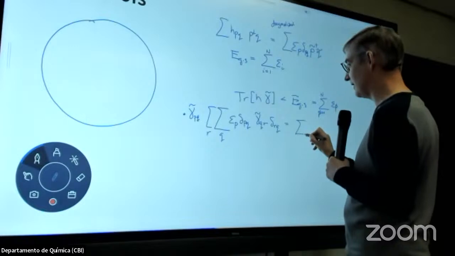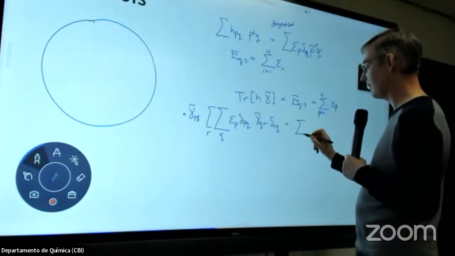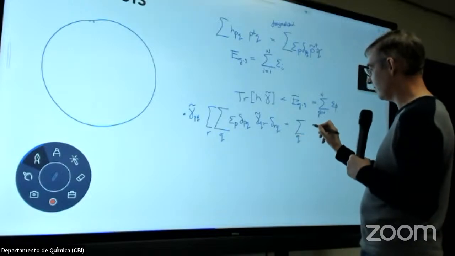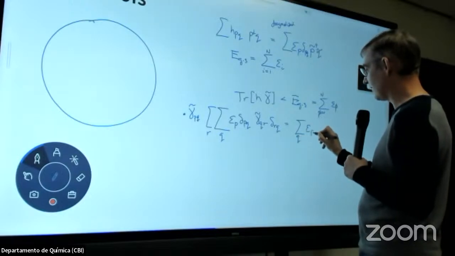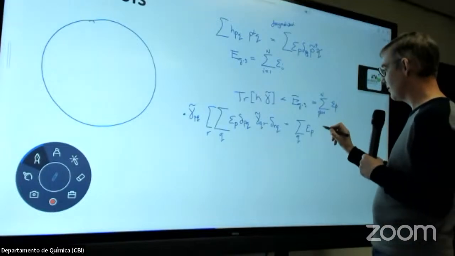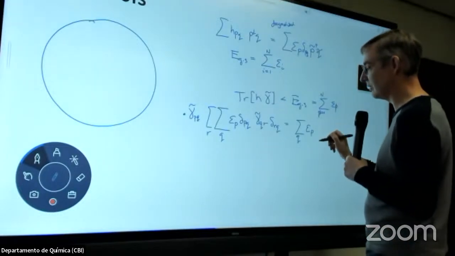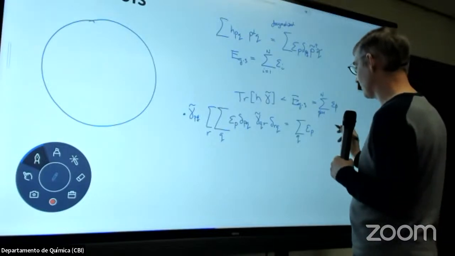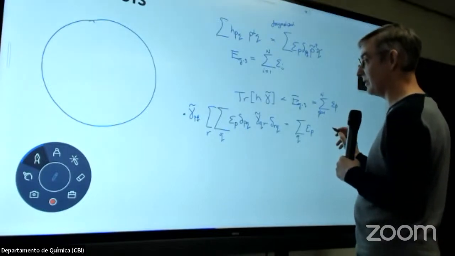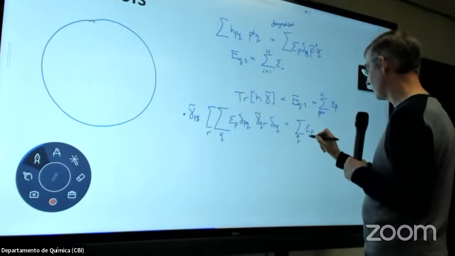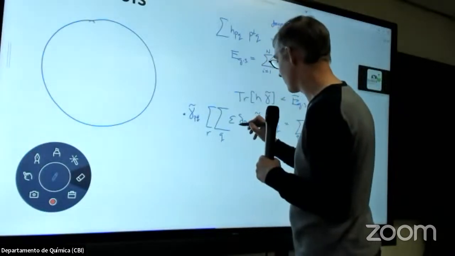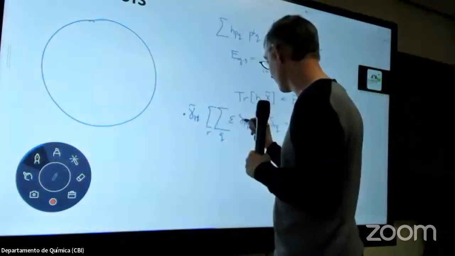So this now ends up being a sum over Q of epsilon Q times gamma tilde QQ. Doesn't matter which index I use because it's a Kronecker delta; it's just going to be a little bit nicer this way.